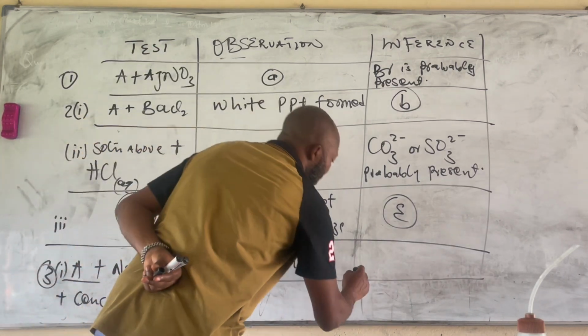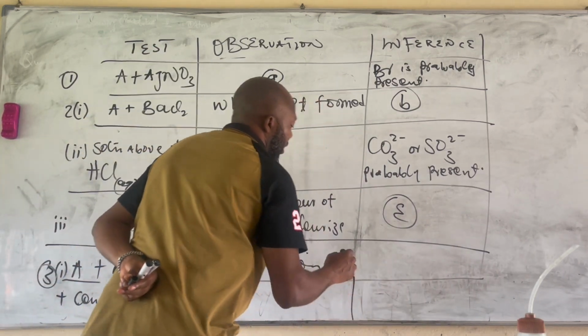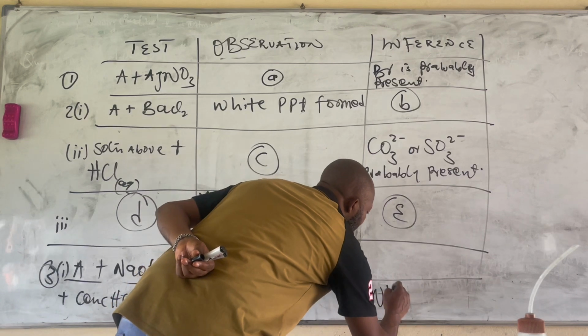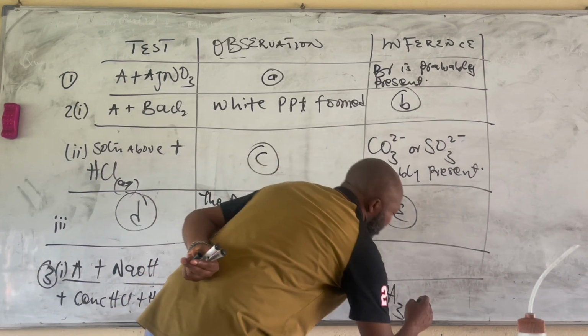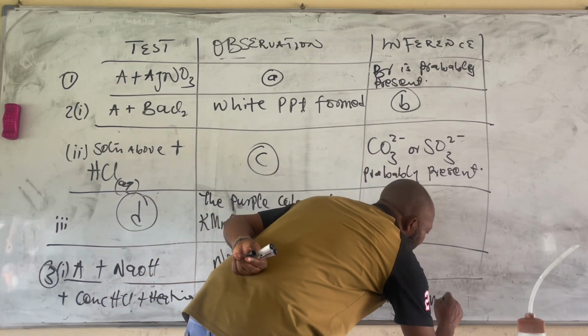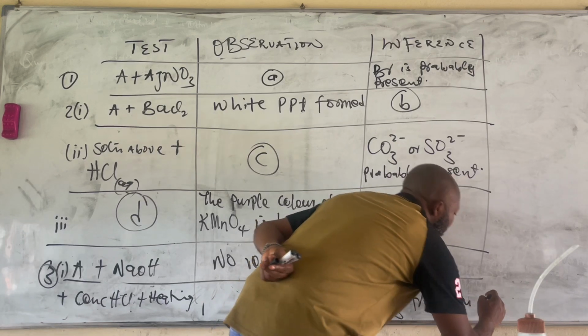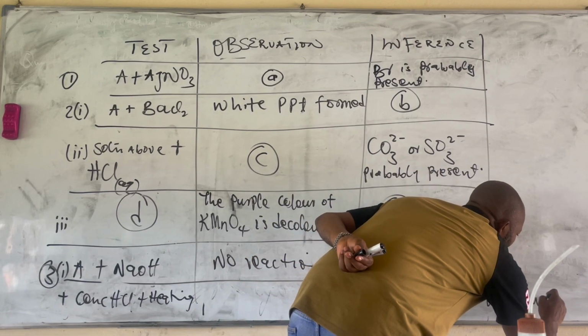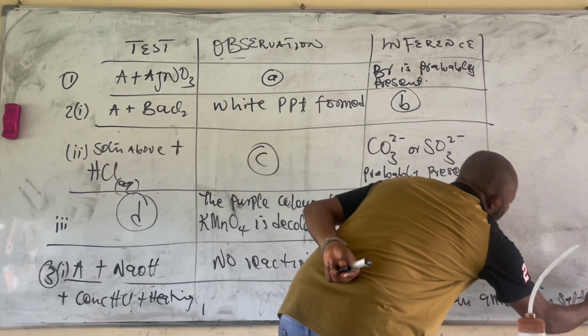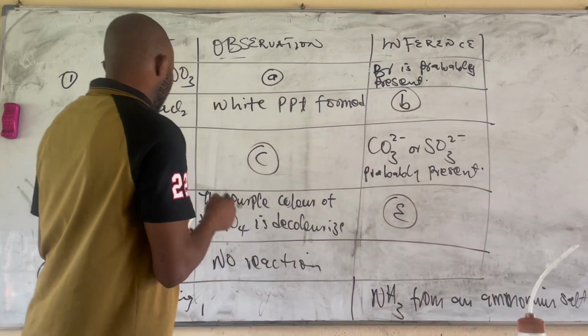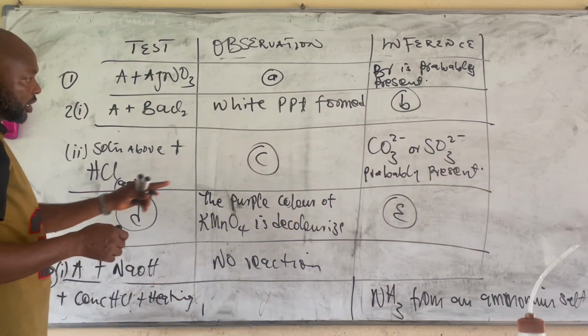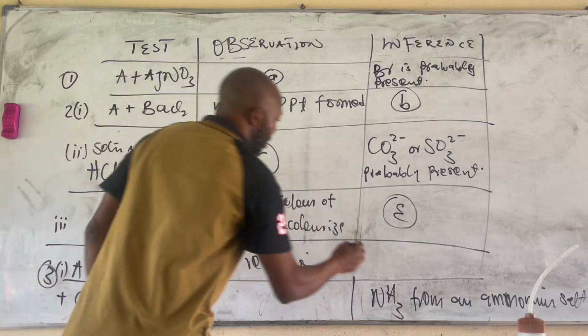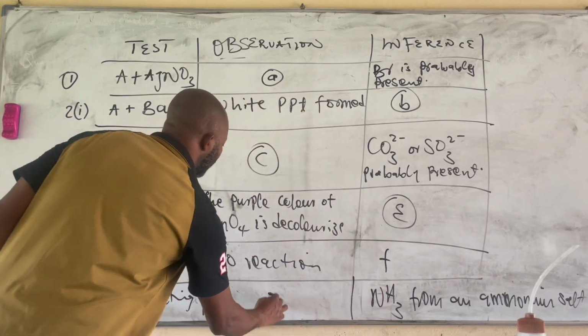And we say NH3 from an ammonium salt. Ammonium salt probably present. So you have to tell me this is A, B, C, D, E, F, and G.